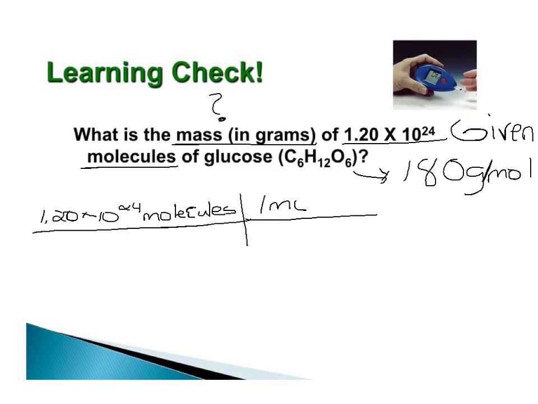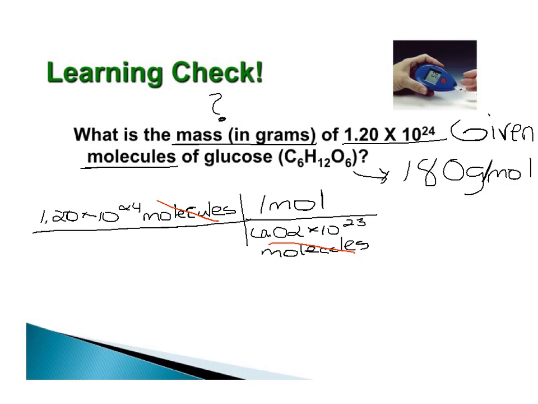So 1 mole will be up here, and our 6.02 times 10 to the 23rd molecules will be at the bottom. Once we do that, our molecules will cancel, and now we're left with moles.